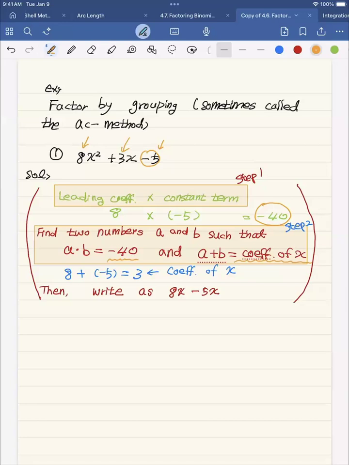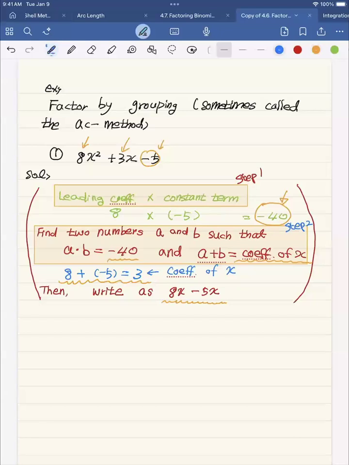That number combination in this case is 8 and negative 5, because when we multiply those numbers, it'll be negative 40, and when we add them up, it'll be 3. And then we will write it as 8x minus 5x.